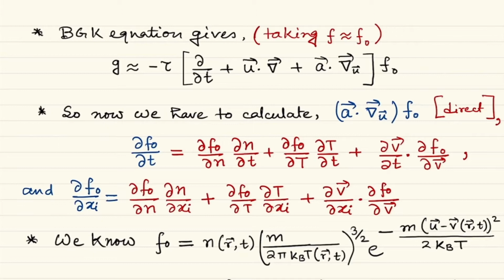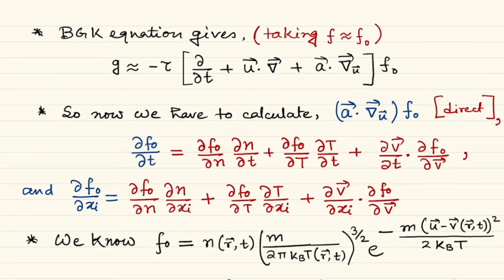That's why this is direct to calculate. So please calculate at home. Once again, in this course it will not be possible to do all the steps of intermediate algebra, but you are supposed to check all the steps of algebra at home. In case you are blocked, you can ask me, or you can just refer to one of the books which I suggested in your course handout.